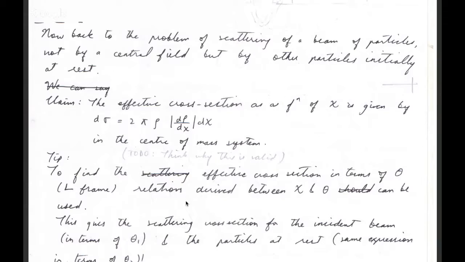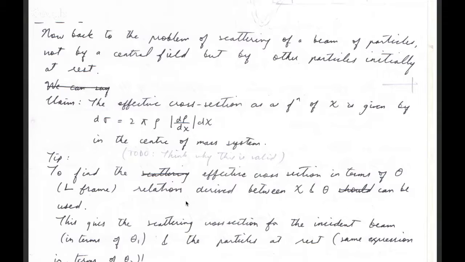Kishore, one second. So now what is the problem we're doing? Earlier it was scattering in a central field. Now we have some particles which are initially at rest, and in the presence of those particles, we are looking at the scattering of a beam of particles.